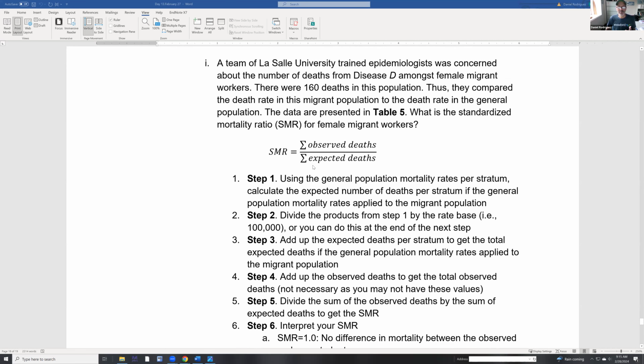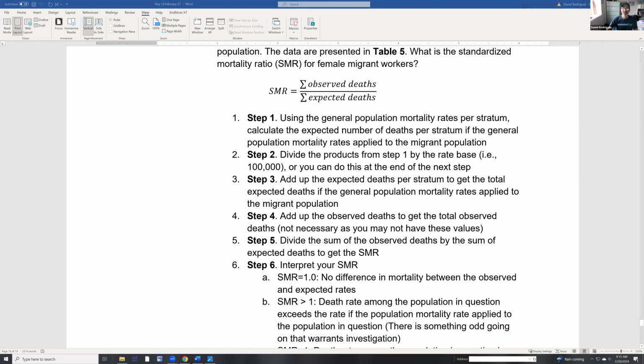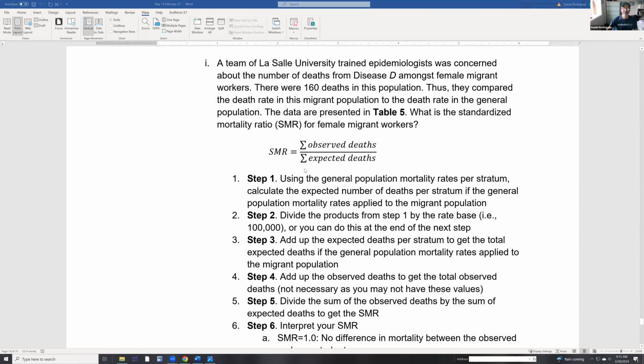The value 1 would mean, so this is a quotient, numerator and denominator are the same. 1 means there's no difference in observed and expected deaths. A value greater than 1 means there's something askew. Values less than 1 are interesting too, because that could mean that somehow migrant workers' lives are protected in some way. I don't know, whatever you want to say.